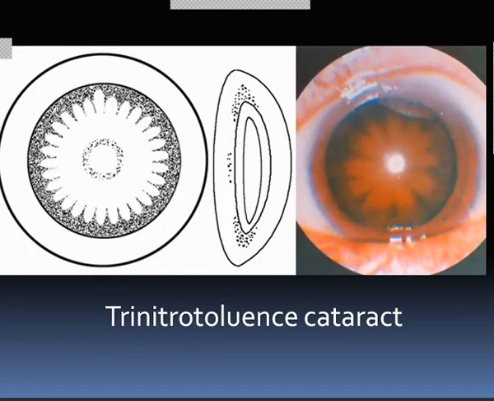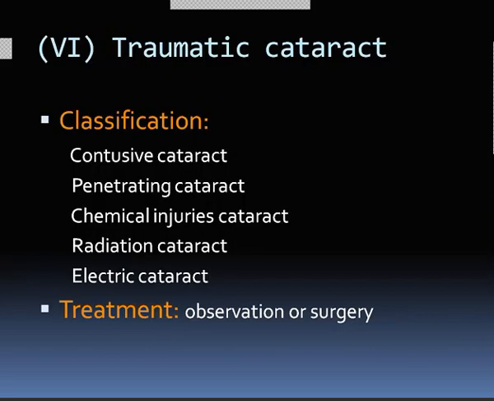This is the picture. And the traumatic cataract. The classification is contusive cataract, penetrating injuries, chemical injuries, radiational injuries and any electric injury; any trauma to the lens will lead to cataract formation.